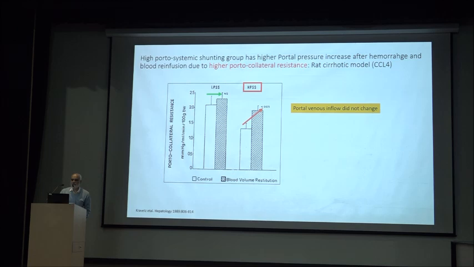Now, why is this happening? Again in the same study, it was shown that portocollateral resistance in the low portal systemic shunt group was almost the same, but in the high portal systemic shunt group there was a change in the portocollateral resistance, whereas the portal venous inflow did not change.